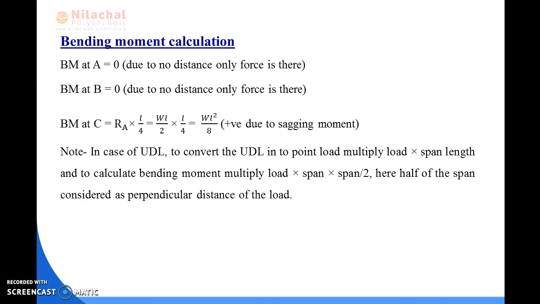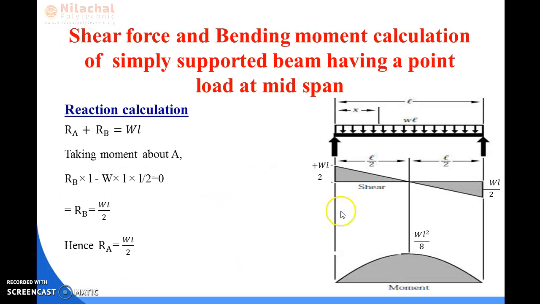Now comes the bending moment calculation. As we know that it is a simply supported beam and the two ends of the beam are supported over two supports, so here only load is there, or you can say reaction is there, but no distance is there.